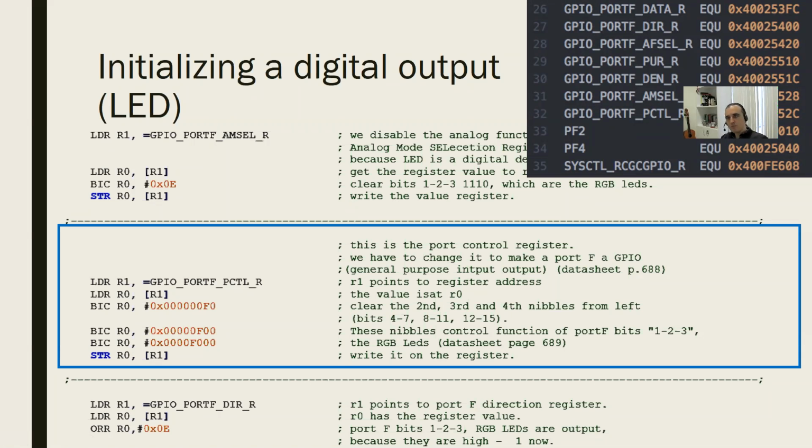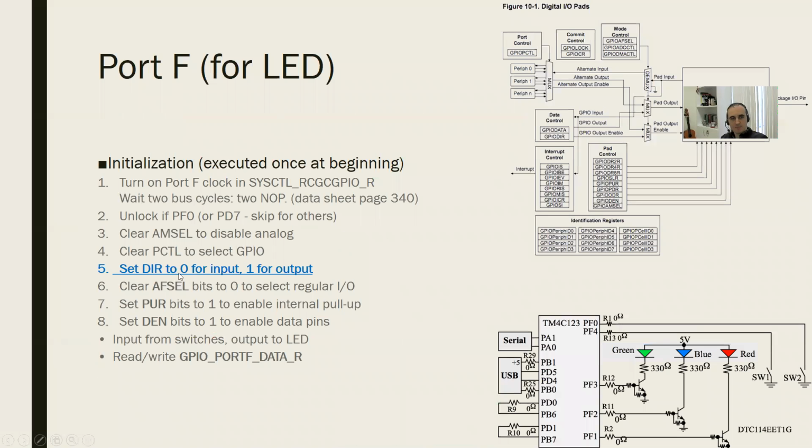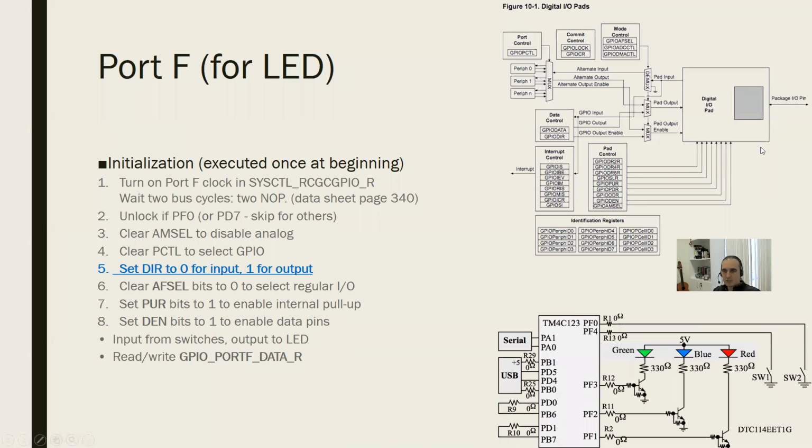Good. Now the next step. Set the direction for these pins. Well, PF3, PF1, PF2 are connected to LEDs. Is this an input or output? Just to wake some of you up, is this an input or output? Output. Thank you. That's an LED, that's an output.